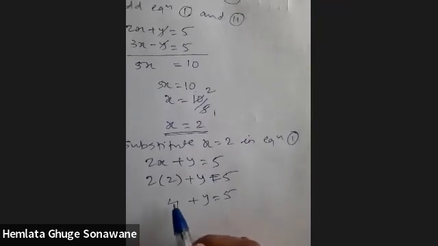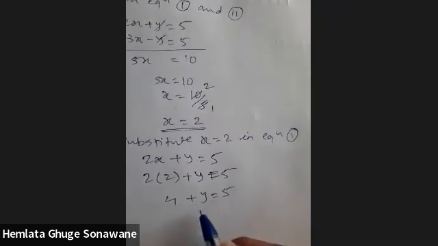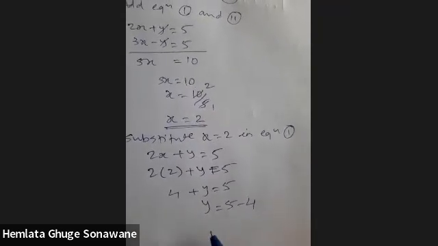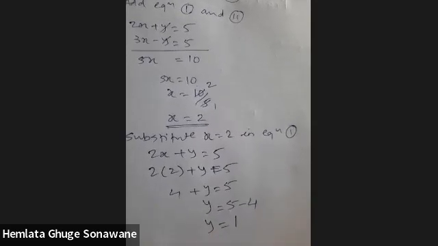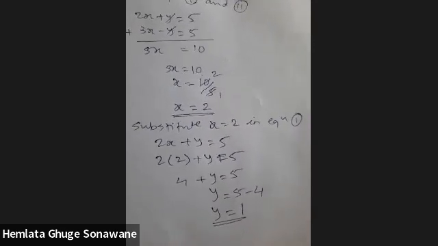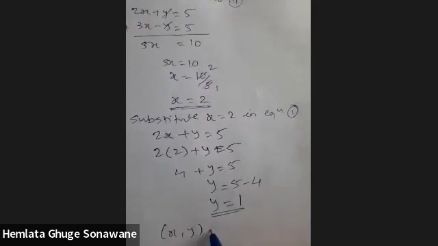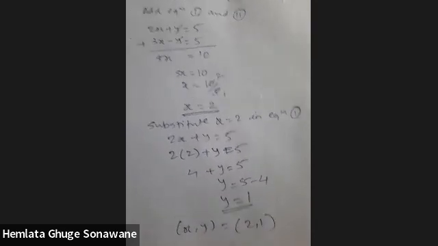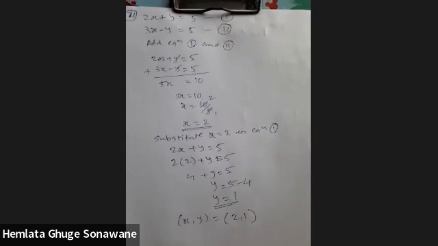Now this 4 is in plus form, so it becomes minus towards the right hand side. So y is equal to 5 minus 4. So we'll get the value of y as 5 minus 4 becomes 1. That is the value of y. So the solution of the given equations, that is the value of x and y, is 2 and 1. Just go through this solution, very easy it is.